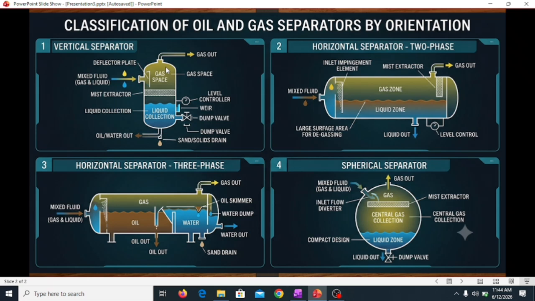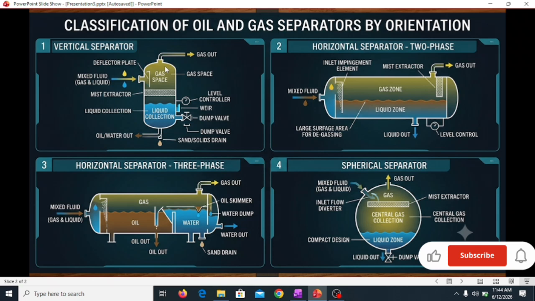Also, there is poor accessibility to a vertical separator. For example, if you want to climb to the top of the separator, you have to use a ladder, and it takes more effort. Remember that we have our protective equipment at the top of the separator.